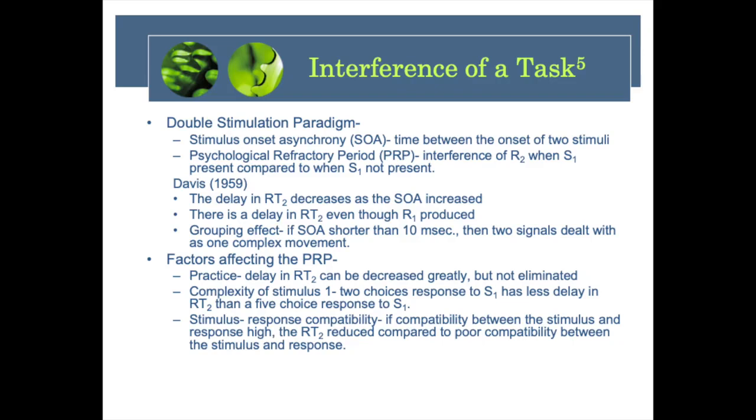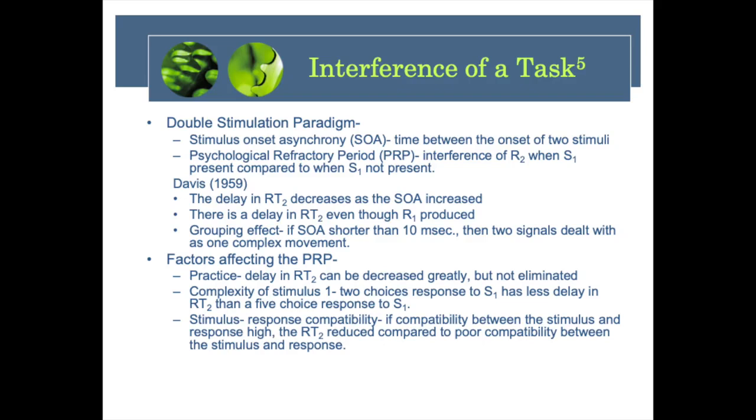So the first thing that we know is there's going to be a delay in the second response. And that is decreased the longer the period is between the two stimuli. So the longer time that we have to process the first stimulus before the second stimulus comes, we actually see a decrease in the delay before that second response is produced.